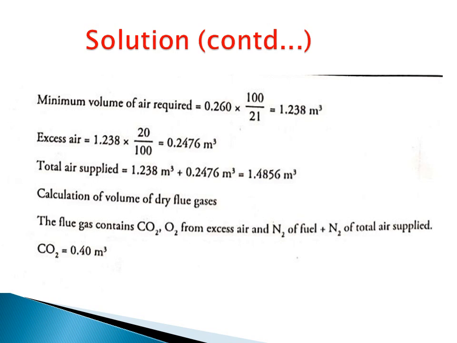See, the oxygen of the minimum air will be consumed in combustion, but whatever 20% excess air you are supplying, the oxygen of that air will not go in combustion, but that will come out with the flue gases.